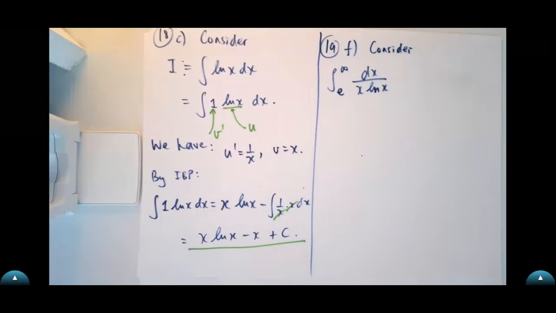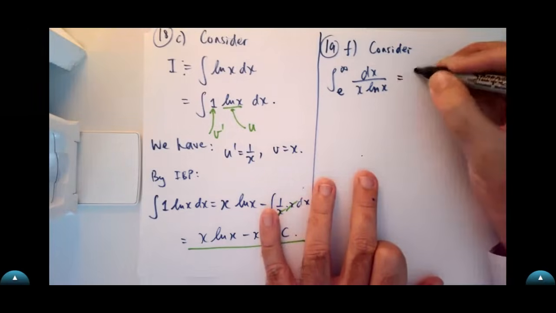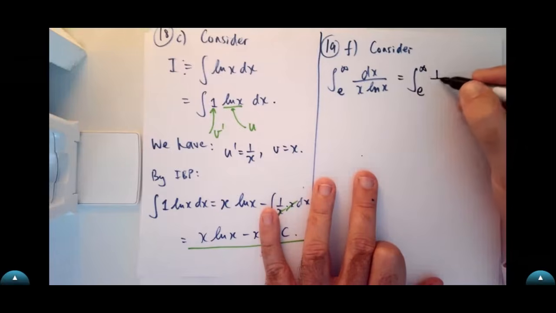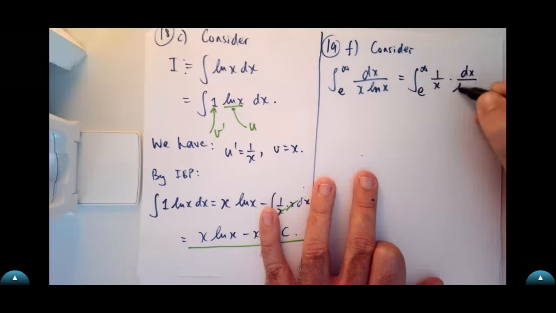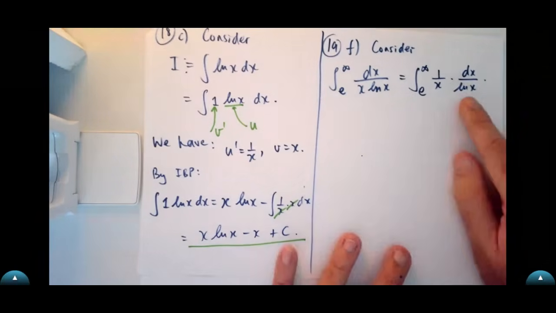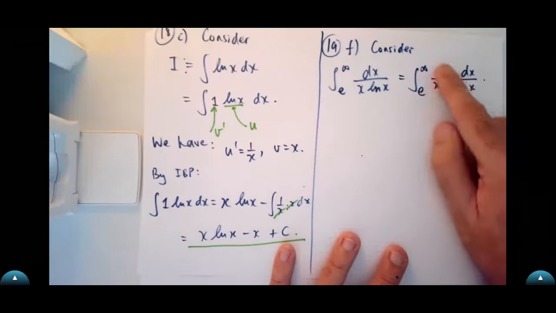Okay, so what I'm going to suggest is that we make a substitution. What might that substitution be? Well, if we just write it out like this, we've got 1 on x times this. And you can see that the derivative of natural log of x is right here.